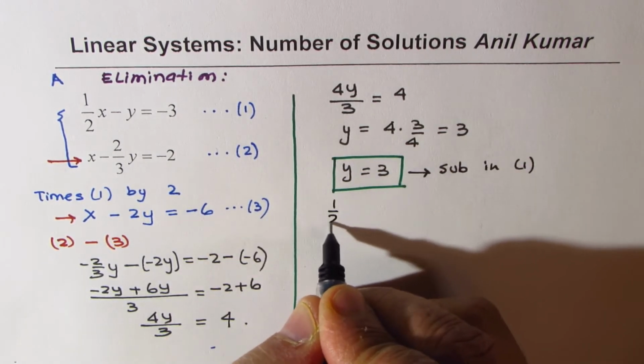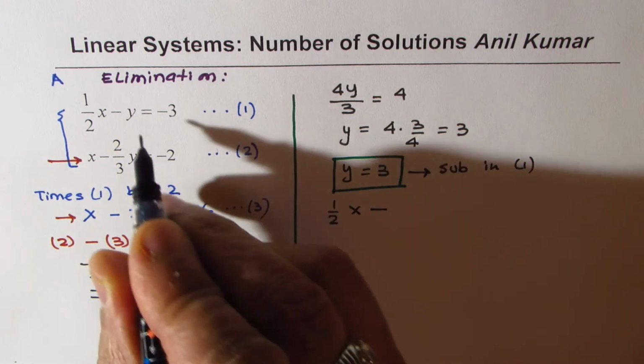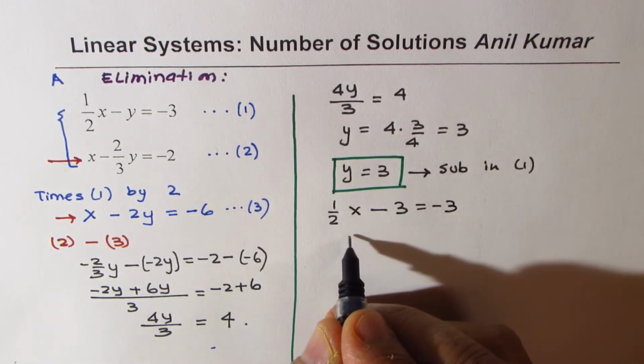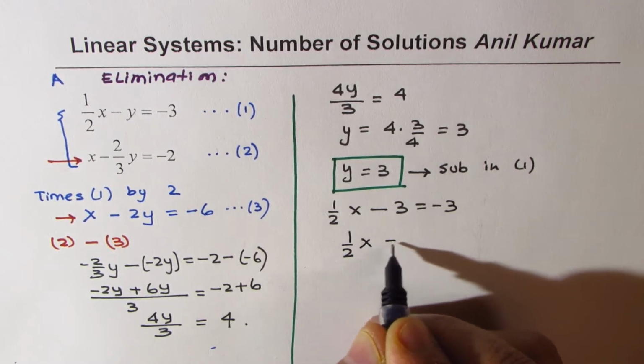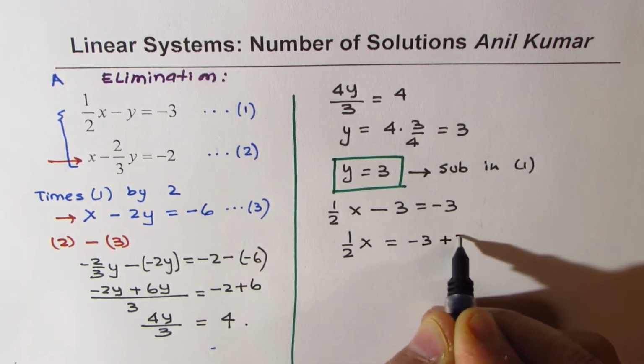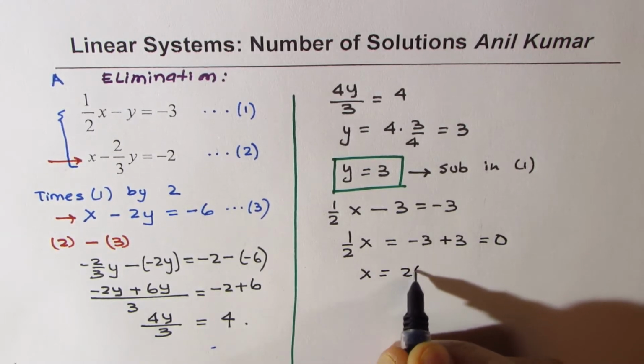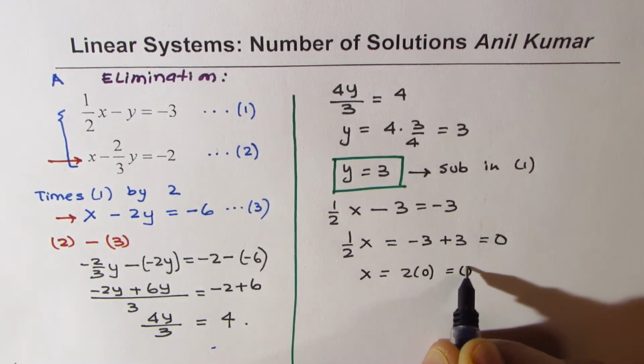Which is half of x minus y, so I'm substituting 3 here, equals minus 3. Which gives us half of x equals minus 3 plus 3, which is indeed 0. So x equals 2 times 0, which is again 0, right?